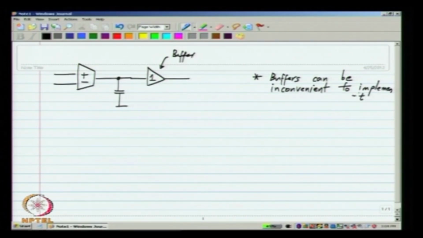So, they can be implemented, but they bring with them their own limitations. We would like to avoid them. So, most of the time op amps are used without explicit buffers in CMOS processes.